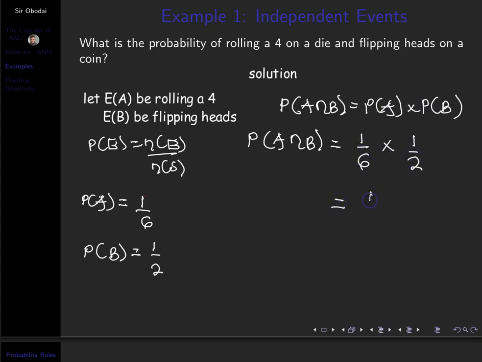Simplifying further, we have 1 over 12. So we can summarize by saying that the probability of rolling a 4 on a die and flipping heads on a coin is 1 over 12. So let's go to our next question.